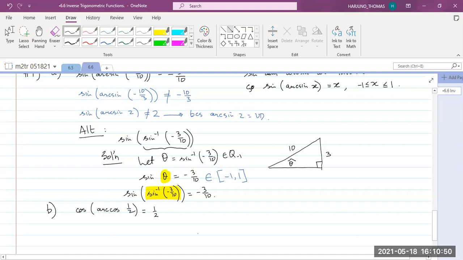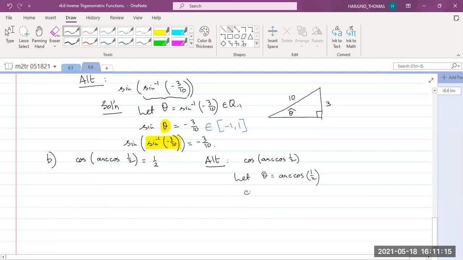Or alternatively, I call arc cosine of 1/2 an angle theta first. Let theta equal arc cosine of 1/2.